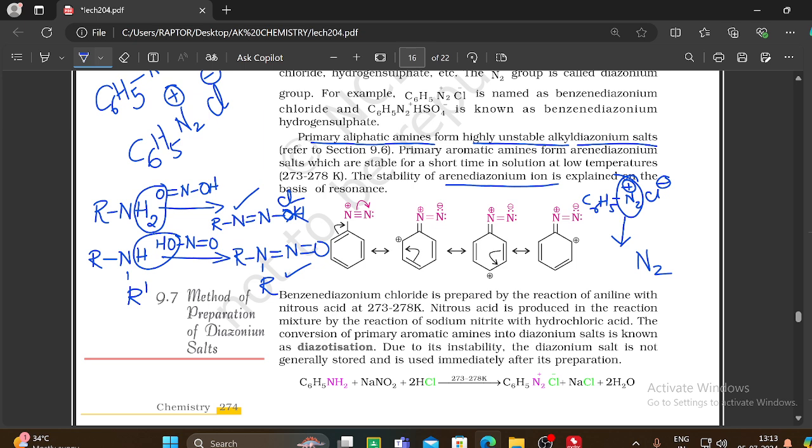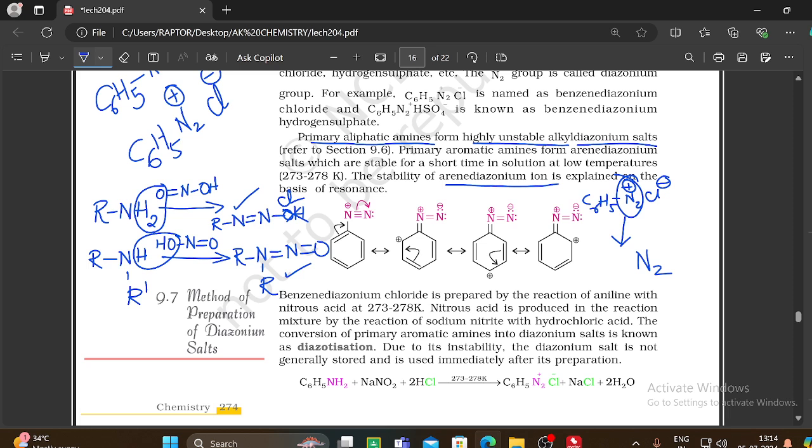What is the reason? Both show resonance effect. The anilinium ion has 2 resonating structures, aniline has 5, more resonating structures. More resonating structures, more stable. Fewer resonating structures, less stable.